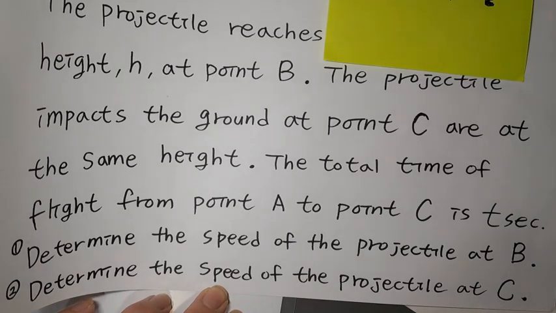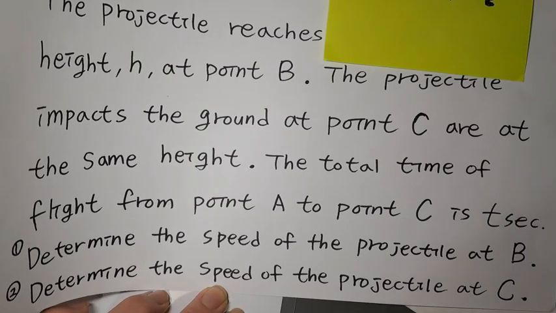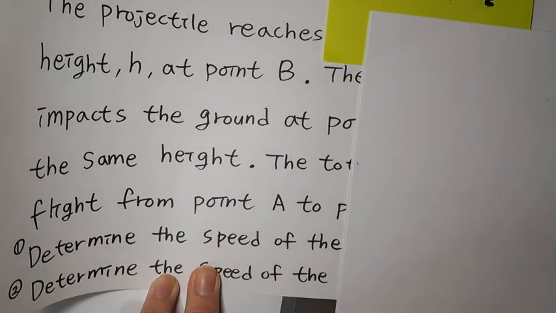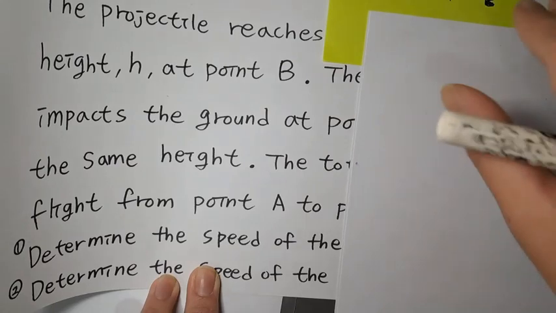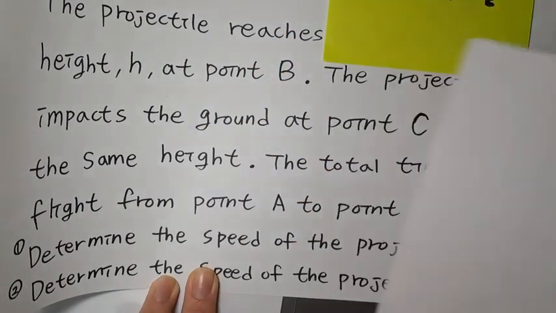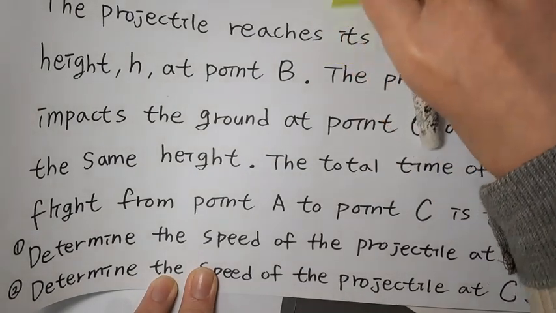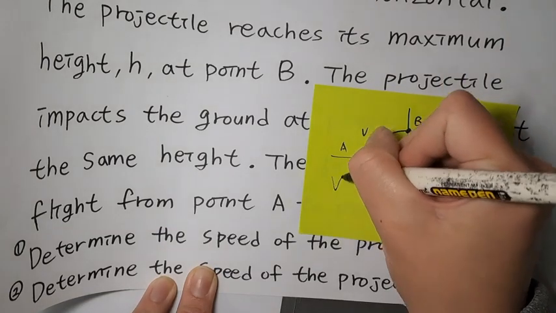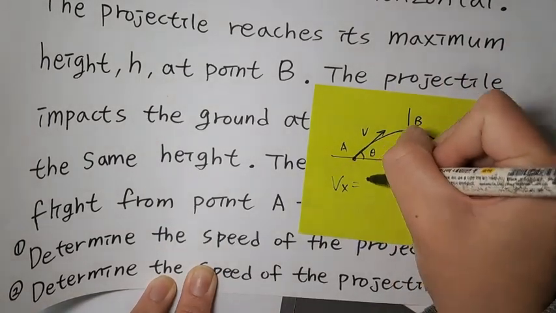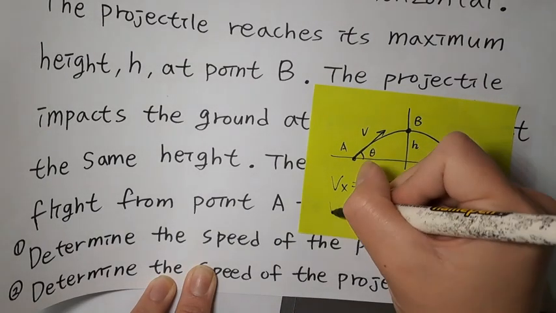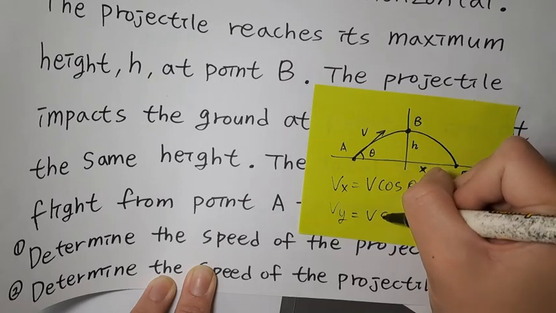In projectile motion, Vx is going to be V times cosine theta and Vy is going to be V sine theta.